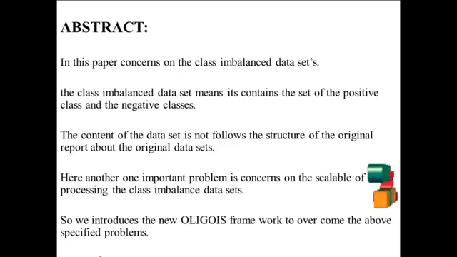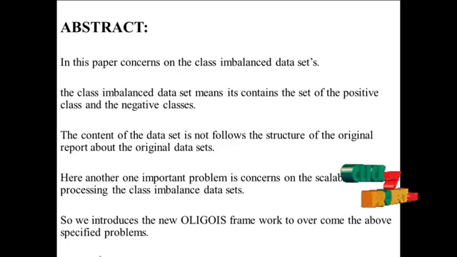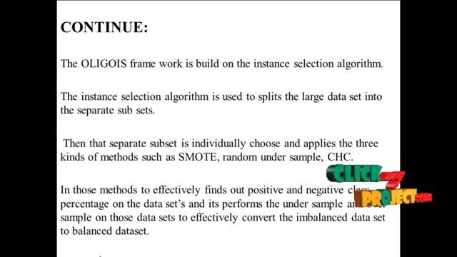So we introduce the new OligoIS framework to overcome the above specified problems. The OligoIS framework is built on the instance selection algorithm. The instance selection algorithm is used to split the large data set into separate subsets.